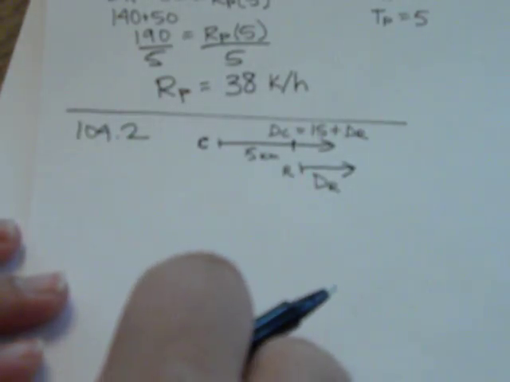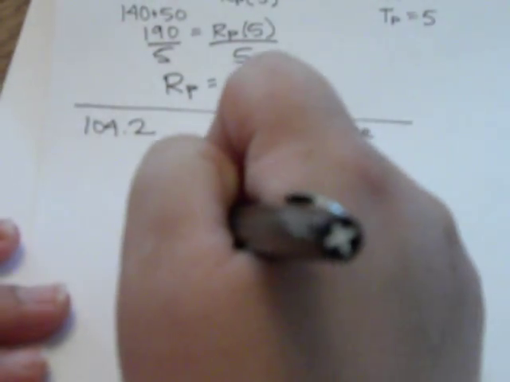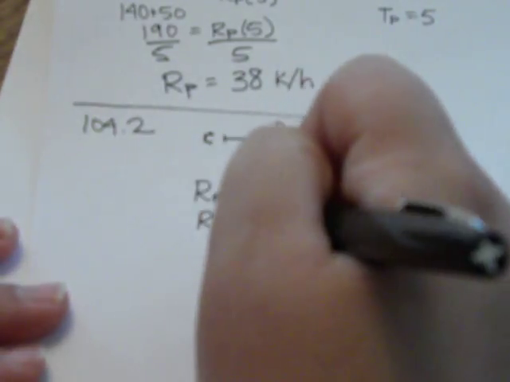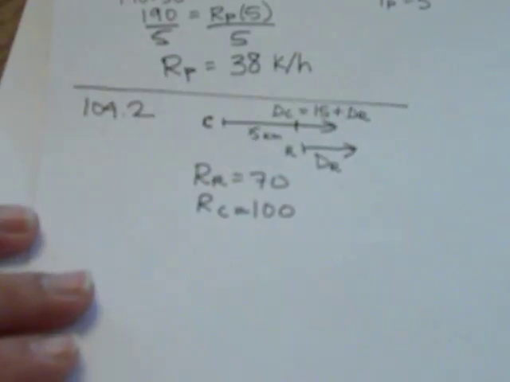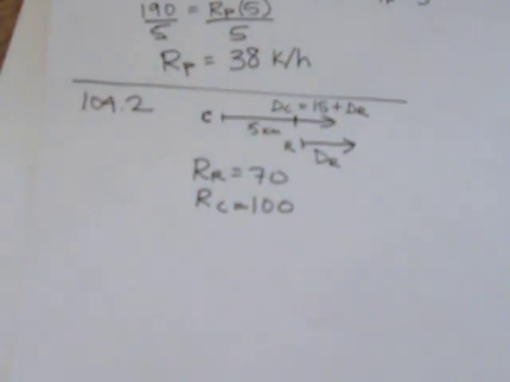It also says Rachel travels at 70 kilometers per hour, so the rate of Rachel is 70, and the rate of Charlene is 100. That should be enough information for us to figure this out. There is one other piece. It asks how long it will take Charlene to catch Rachel.